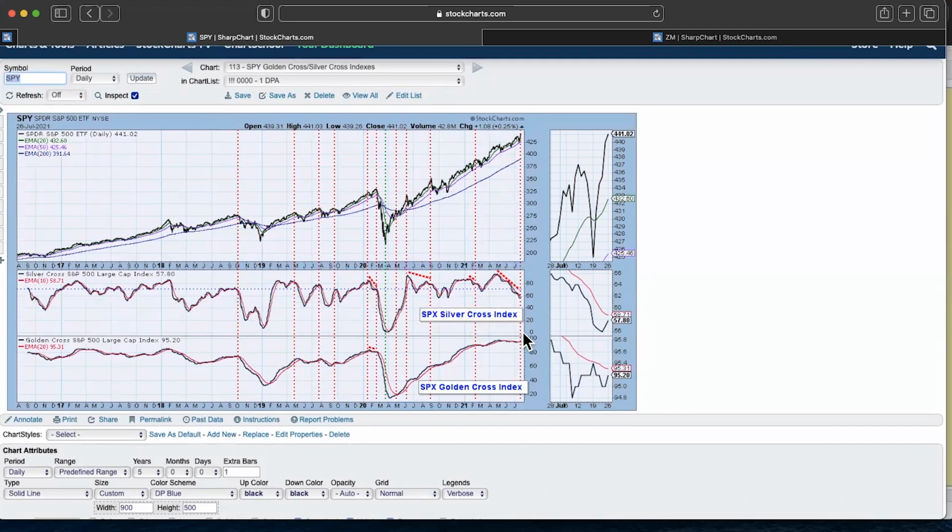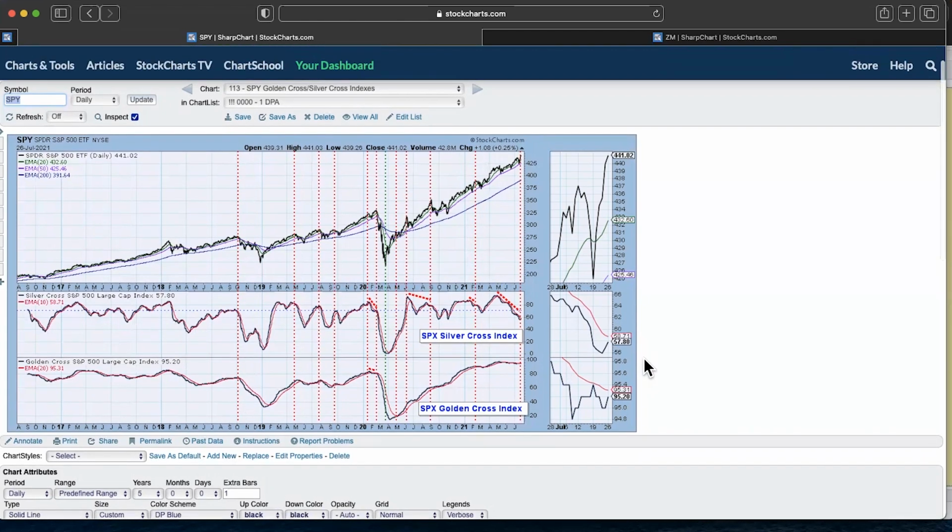You can see that the golden cross had been in a declining trend. The trend is still declining, but now we are getting a move to the upside, getting a few more stocks that have their 50-day EMA above their 200-day EMA. And yes, I do need to explain this for those who've never been here before.